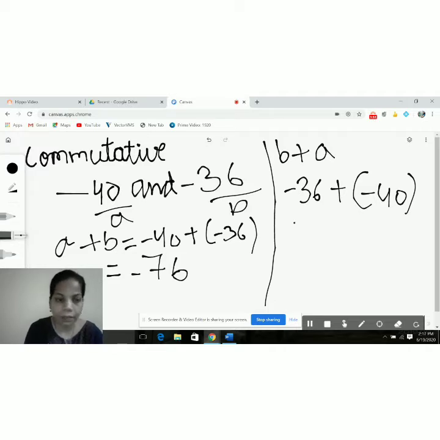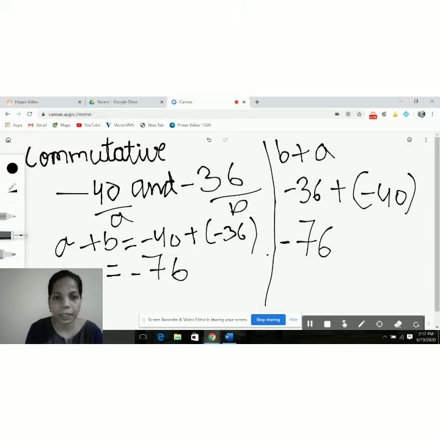So we have to add with negative sign. So minus 36 and minus 40 we have to add. So 36 plus 40 is 76. We have to put negative sign, right? So we got a plus b and b plus a are same, right? So we got a plus b is equal to b plus a. So we have proved commutative property with example.